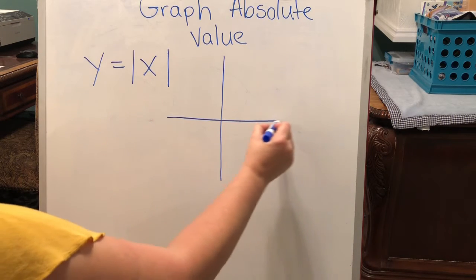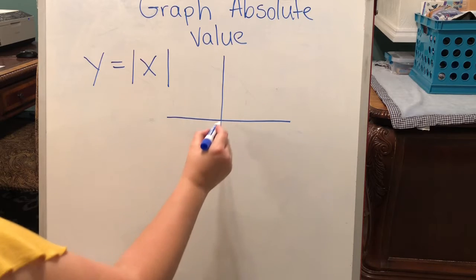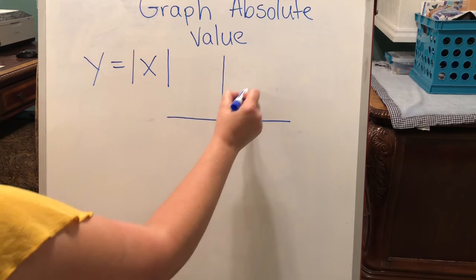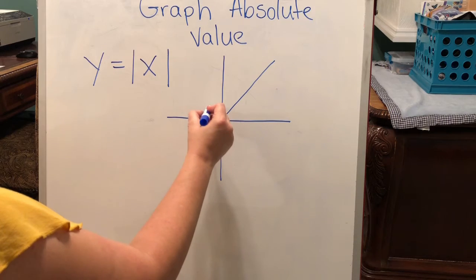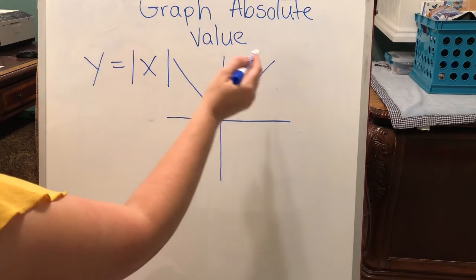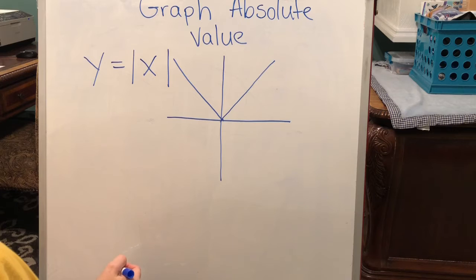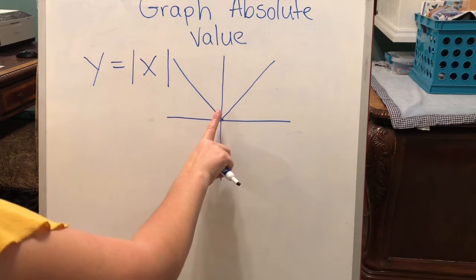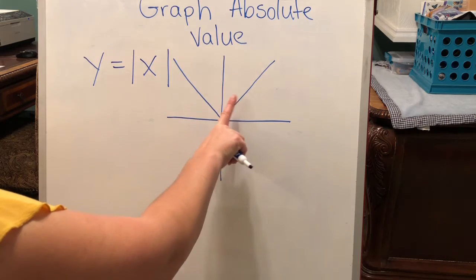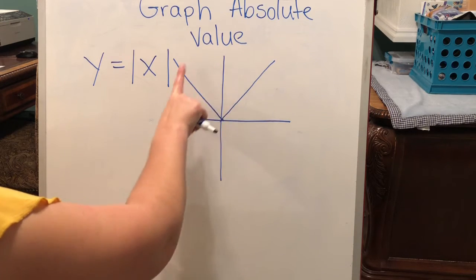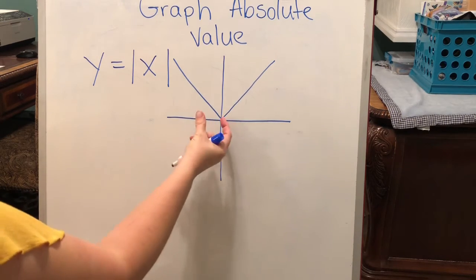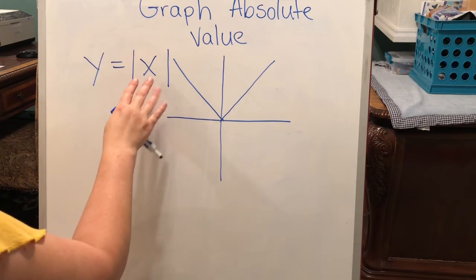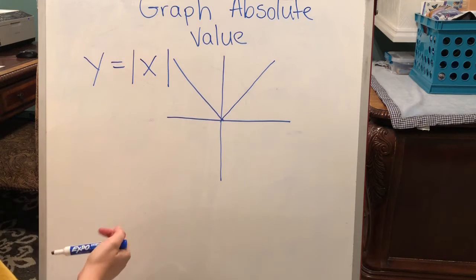The absolute value of x, and this is our origin point 0, 0, looks like a V. It is nonlinear because it does not continue on in a straight line. It hits 0 and then it heads back up, because as I have an equal distance from 0 on both sides, my y, or my result of whatever is occurring with x, is always going to be positive.